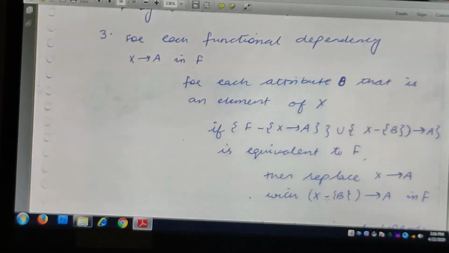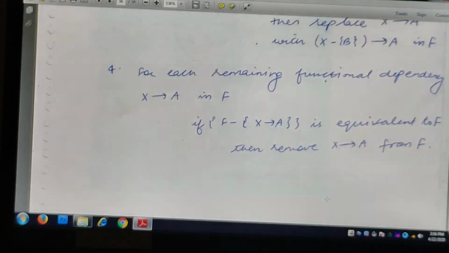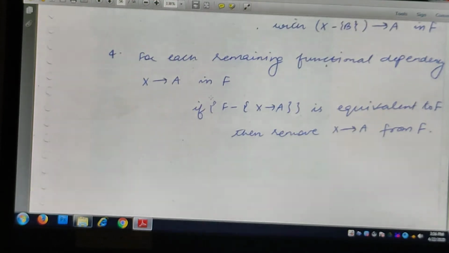So the fourth point is, for each remaining functional dependency we have to check if the functional dependency x to a can be implied from another. Suppose I have a set of functional dependencies a to b, b to c and a to c. Here I can easily remove the functional dependency a to c.